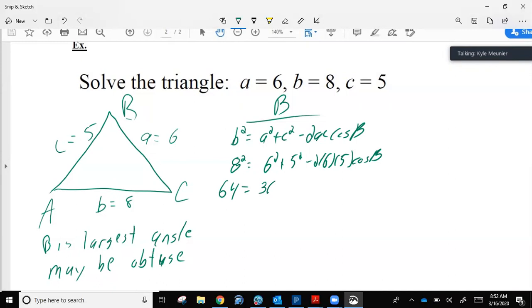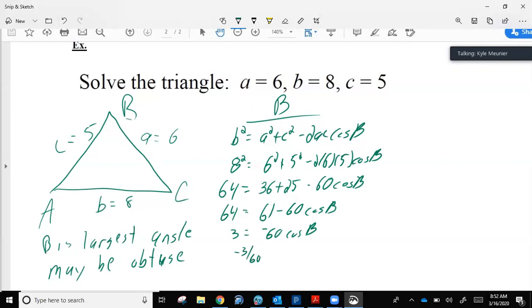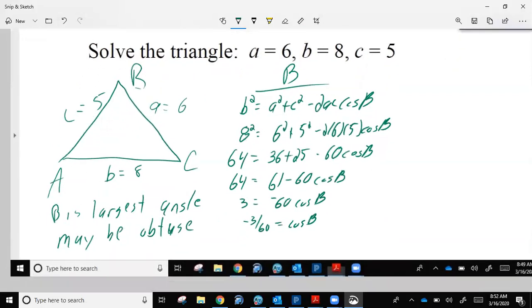equals 36 plus 25 minus 60 cosine of B. And 64 equals 36 and 25 is 61 minus 60 cosine of B. So 3 equals negative 60 cosine of B. Divide the negative 60 over. So negative 3/60 equals the cosine of B. Take the inverse of this.